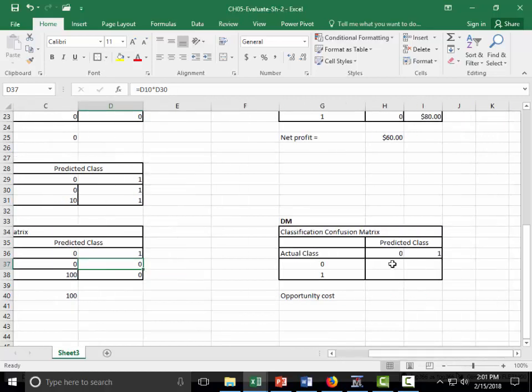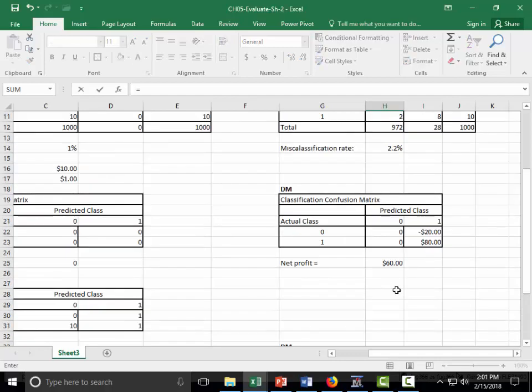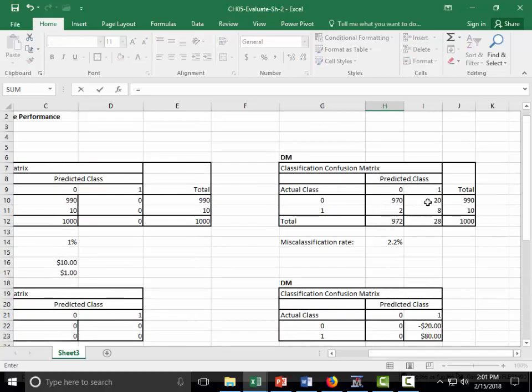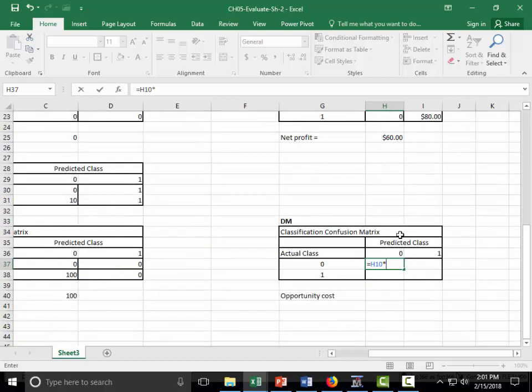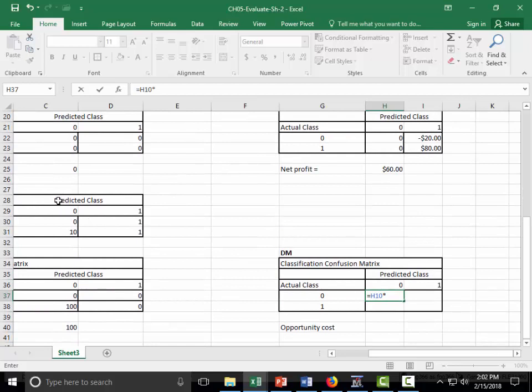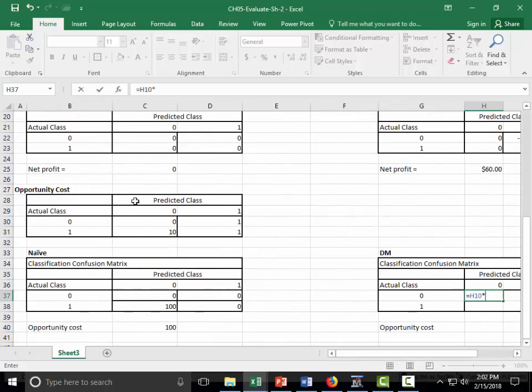You do the same here. Okay, so these are the numbers in the classification matrix times the cost. So that's your opportunity cost matrix right there.